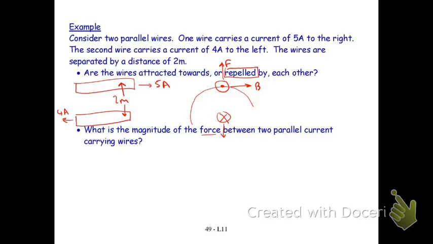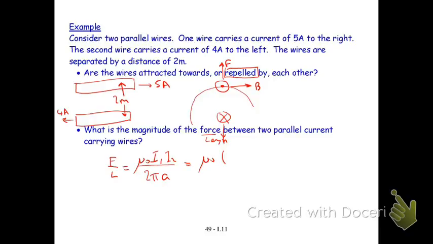What is the magnitude of the force? This should be the force per unit length. That's my bad language. F over L is equal to mu naught, because it's to do with magnetism, I1 I2 over, and it's something to do with the circumference of a magnetic field circle, so I'm going to say 2 pi a.